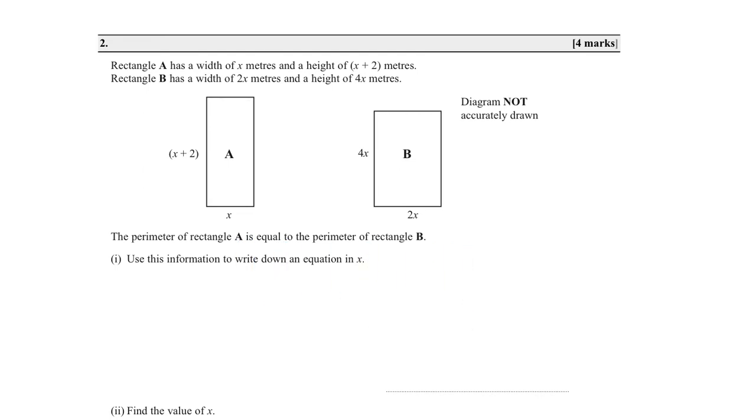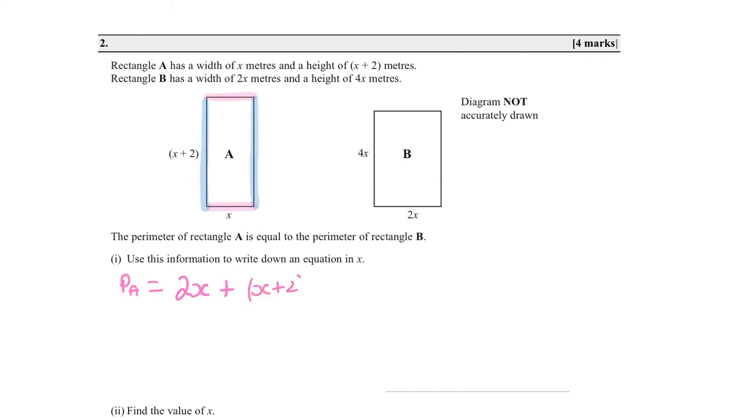Okay, so the first thing I need to do is work out the perimeter of A. So the perimeter of A, I'm going to put PA, perimeter of A. I know for the perimeter I need to do x plus x, because I know that's also x as a rectangle. So that's 2x plus x plus 2 plus x plus 2.